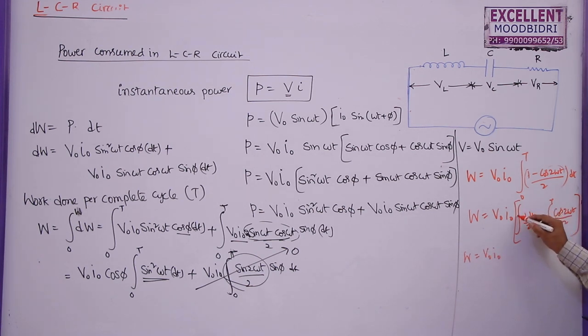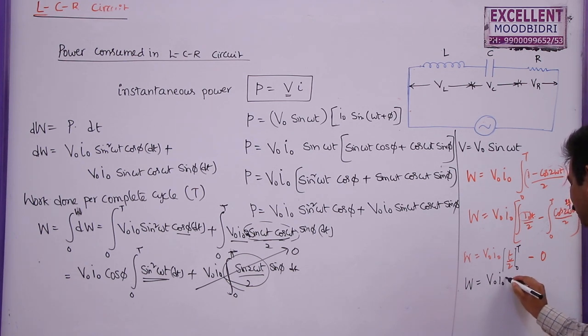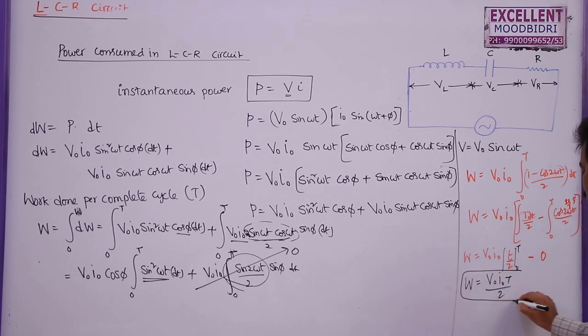The integral of dt will be t, so t by 2, with limits 0 to T. Then minus the integral of cos 2 omega t gives sin 2 omega t. If you substitute omega as 2 pi by T, the T cancels, sin 2 pi will be 0, so this value will become 0. So by substituting, work done is equal to V naught I naught T by 2. This is the total work done in one cycle.